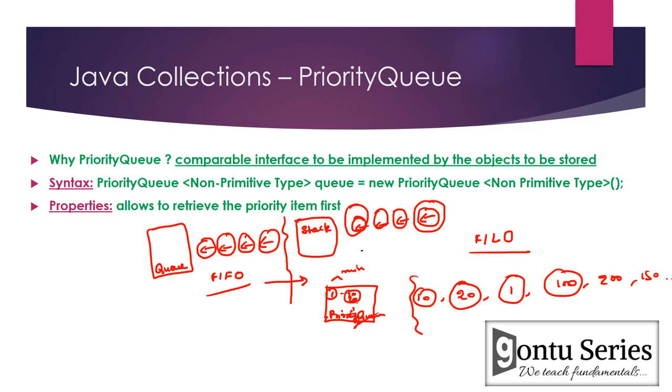Then once you add 100, 100 is definitely greater than 1, so it's going to put 100 here, and then 200 like that, and then 150 just like this. So the idea is it's always going to put the minimum element at the first position, and then put the remaining elements after that.